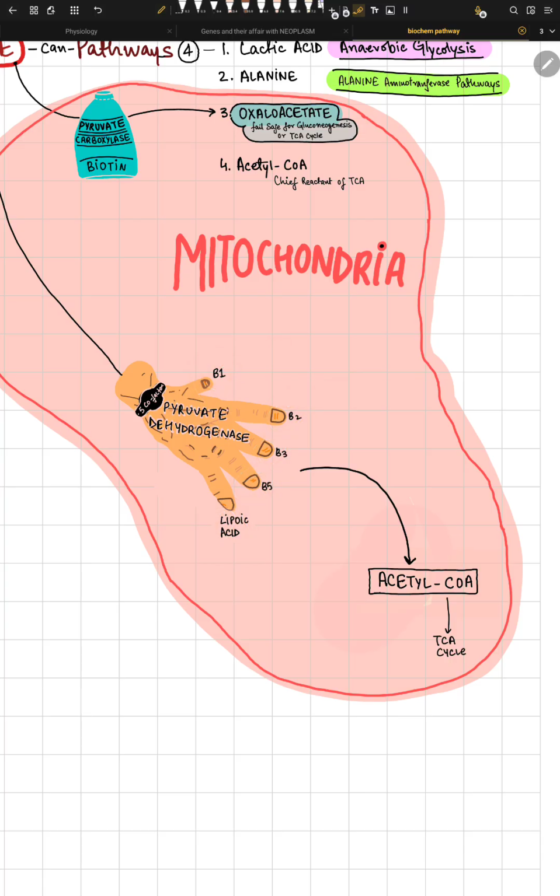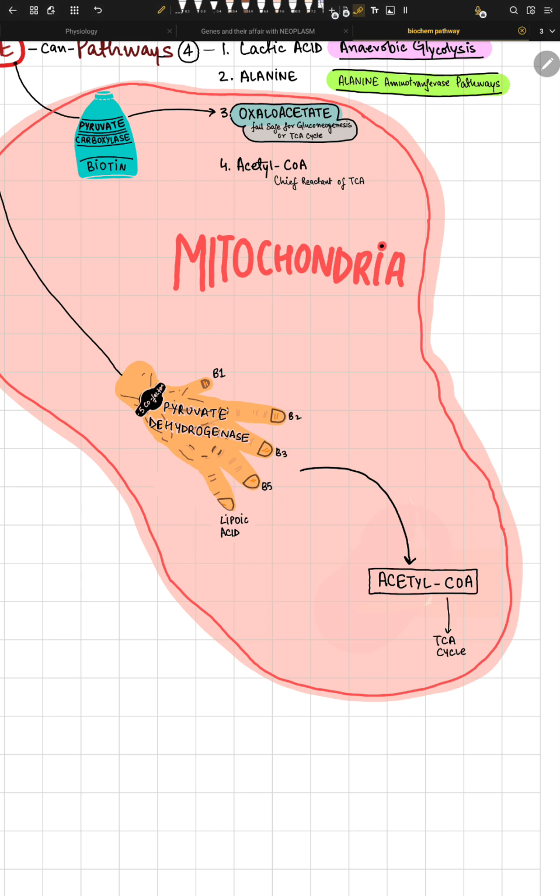I hope we understand the physiological relevance of pyruvate dehydrogenase, because it makes acetyl-CoA, and acetyl-CoA can go into the TCA cycle and fat synthesis. Note that both of these reactions happening in mitochondria are irreversible.